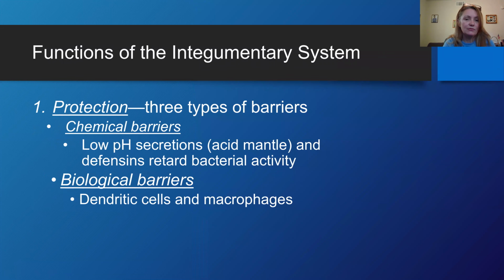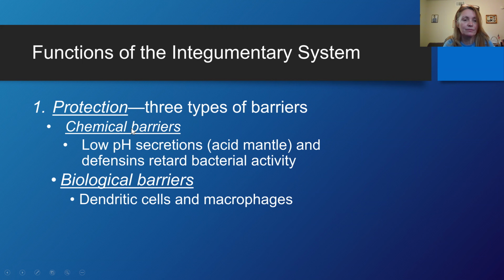If you look at the major functions of the integumentary system, it would be protection, which gives you three types of barrier. It's a chemical barrier because your skin has low pH secretions, like acid, and defensins, which are chemicals that retard bacterial activity.